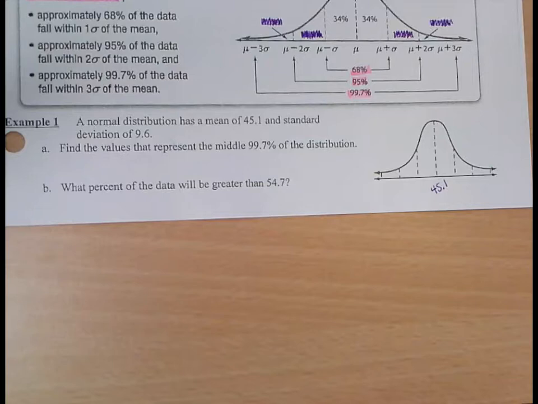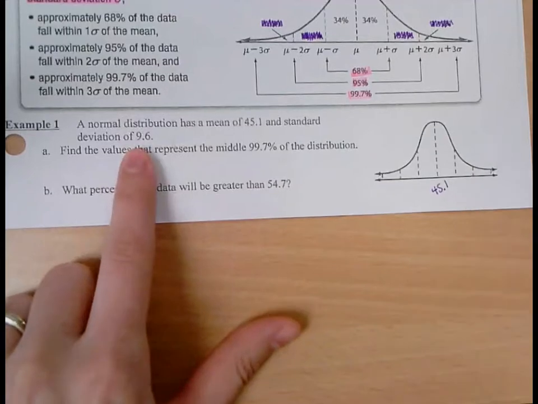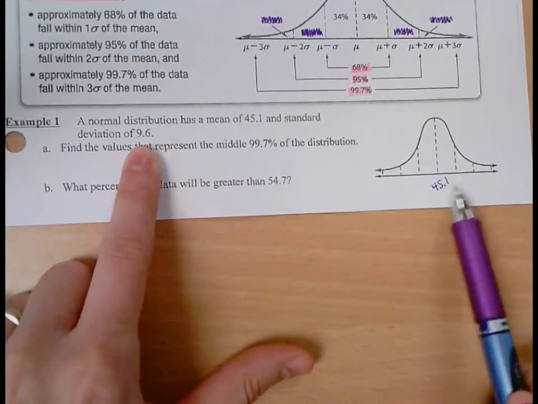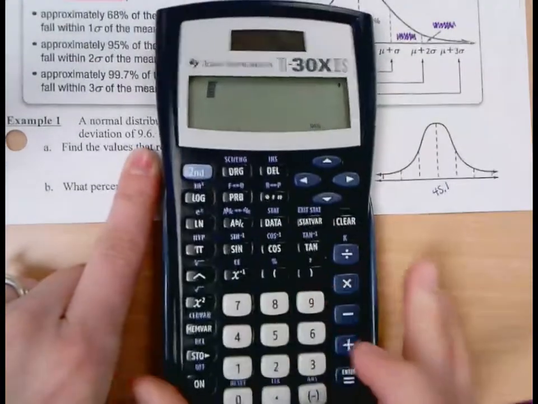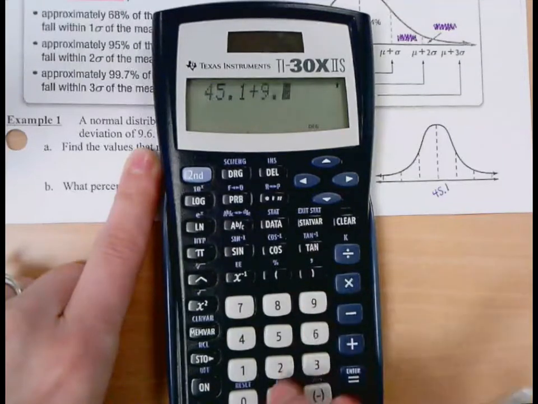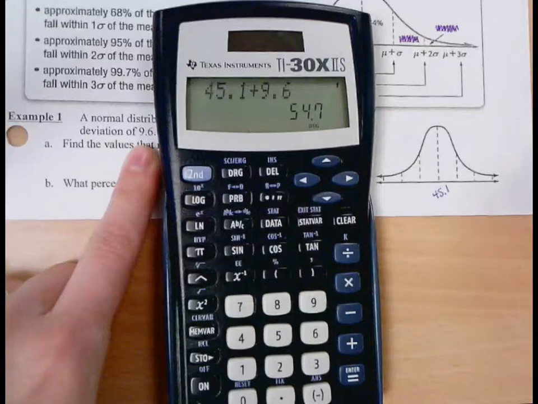Here you may need a calculator. To continue labeling this, you need the standard deviation, which is 9.6. I'm going to work to the right first. I take the mean of 45.1 and add 9.6, 1 standard deviation, and that's 54.7.